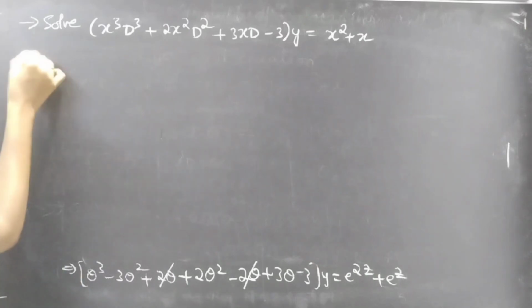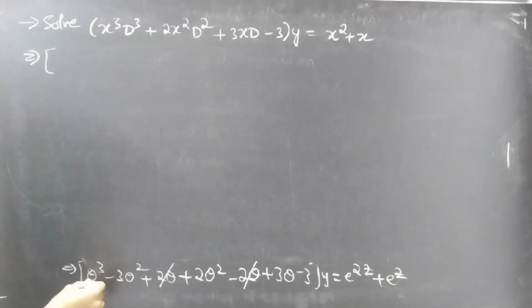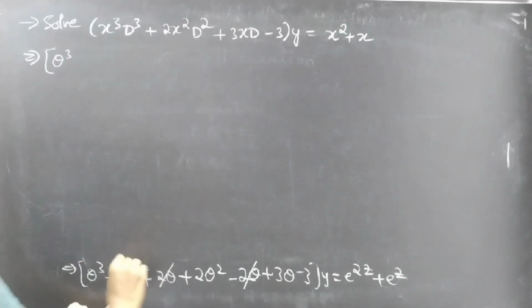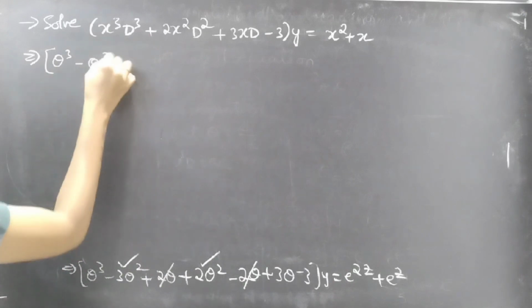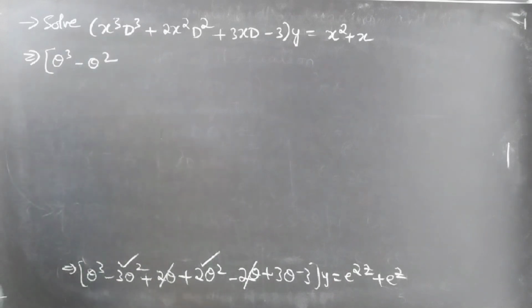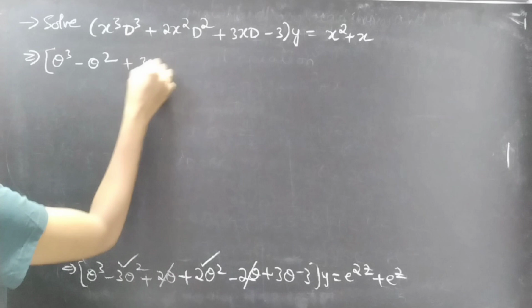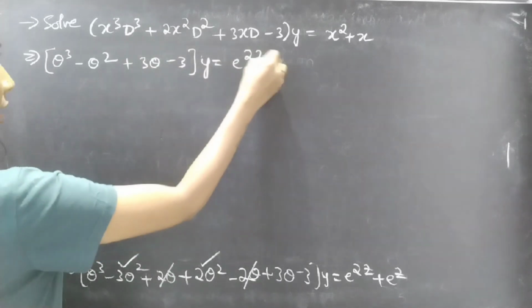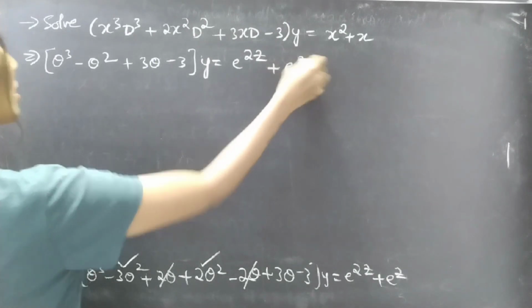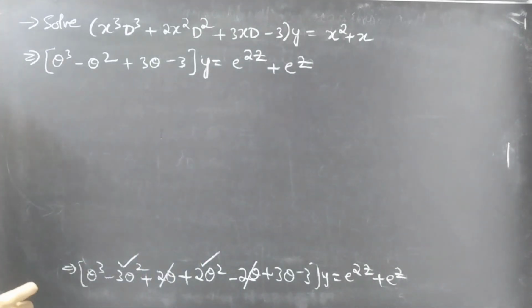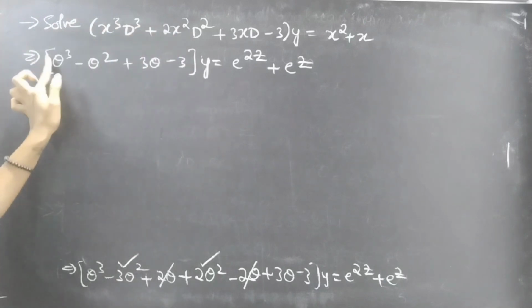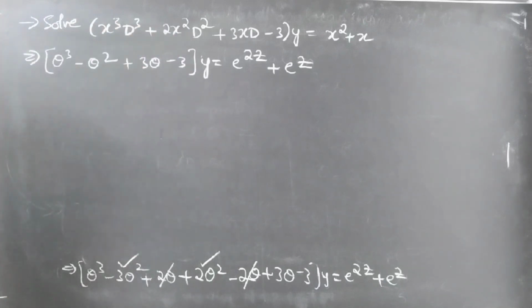Then this equation becomes theta cube minus 3 theta square plus 2 theta square, which is minus theta square, plus 3 theta minus 3, into y equal to e power 2z plus e power z. So we have reduced a given differential equation with variable coefficients to a differential equation with constant coefficients, right?